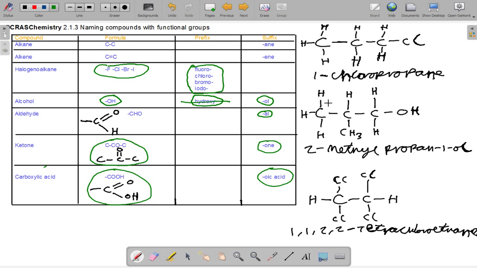So if we count our carbons 1, 2, 3, but I've done it the wrong way round, as the alcohol is the functional group. You don't always count from left to right. So we're starting from alcohol and counting right to left.